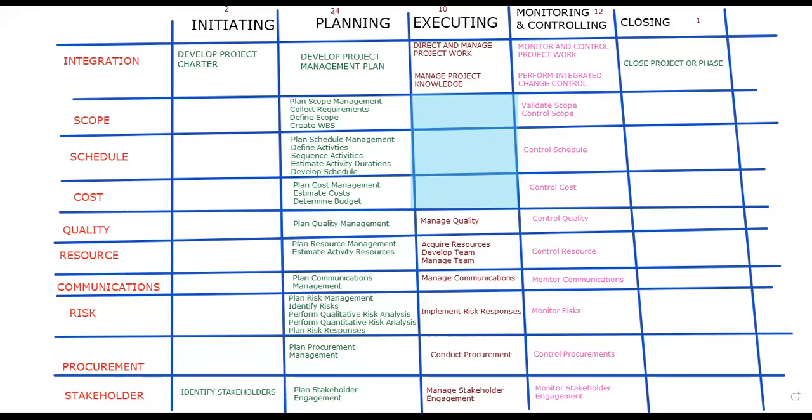I want to encourage you, if you haven't opened the Agile Practice Guide to read how each knowledge area is carried out in the world of Agile, I want you to go to the Agile Practice Guide, page 90 to 95. In this Agile Practice Guide, you're going to find PMI's breakdown of how every knowledge area, from integration all the way on down, is carried out in an Agile setting.